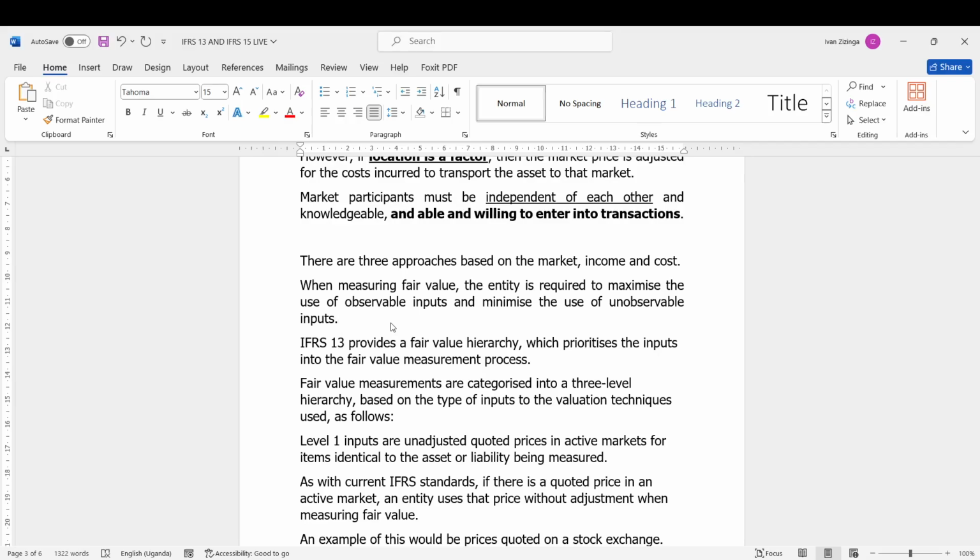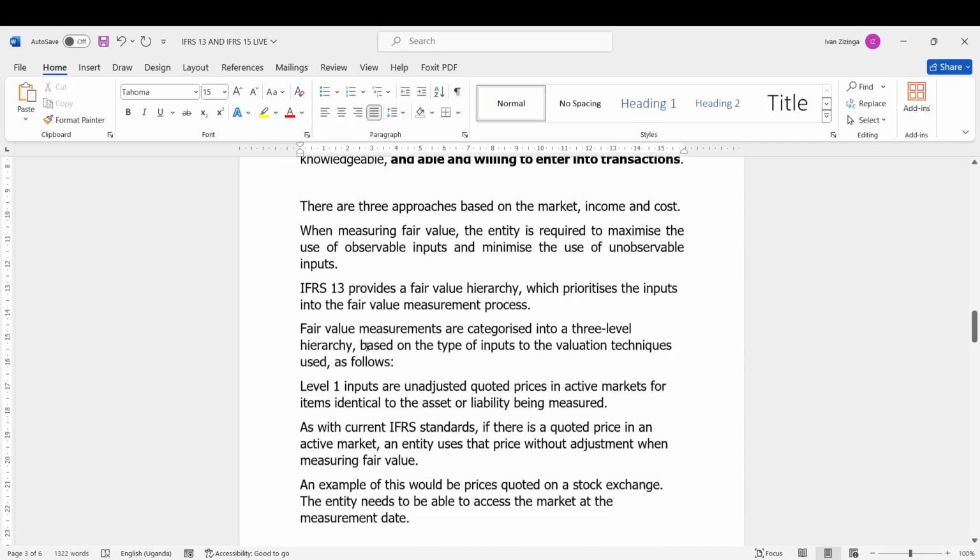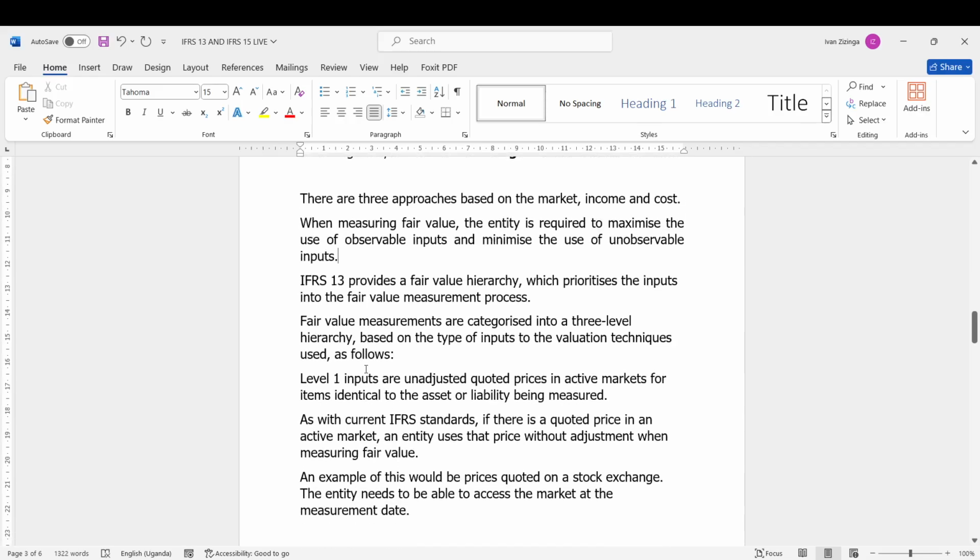Those are similar, not identical. That's when our level 2 comes in. We can go through them very well. Level 1 inputs are called unadjusted quoted prices in active markets.